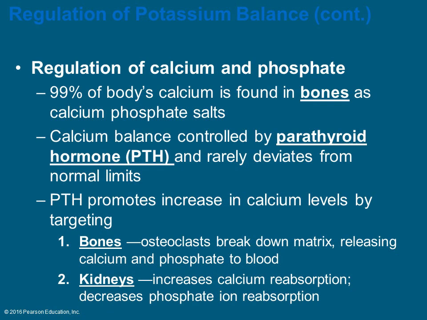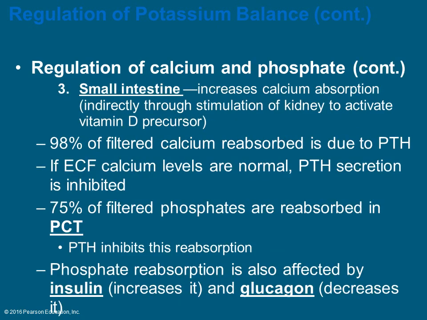The kidneys are going to be stimulated to reabsorb calcium. And then the small intestines are going to be stimulated to absorb more calcium from whatever nutrients you have ingested.